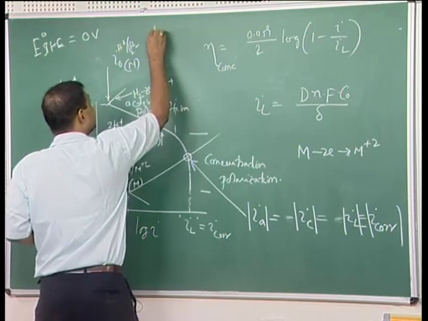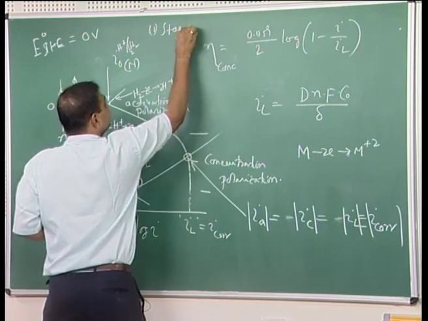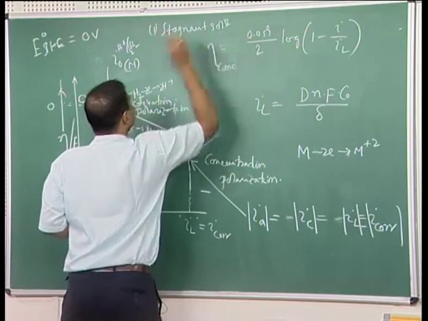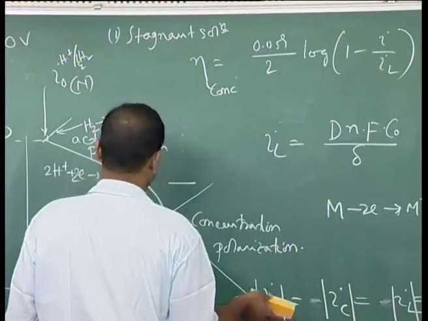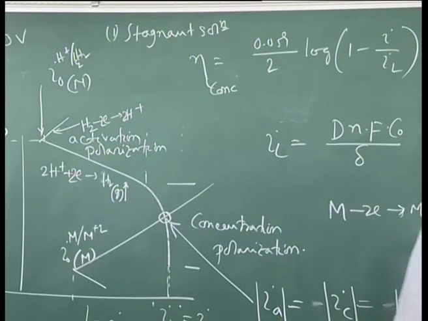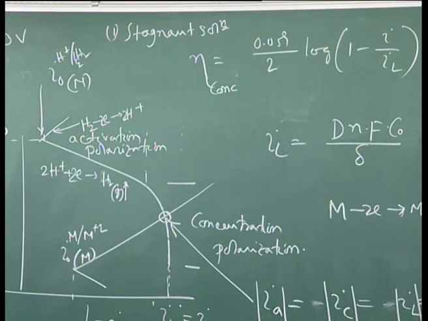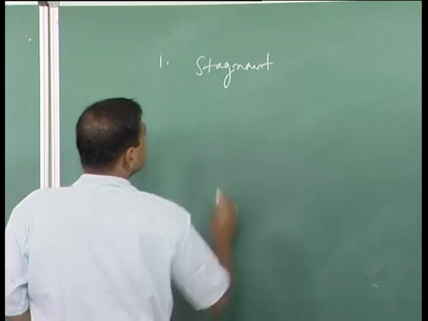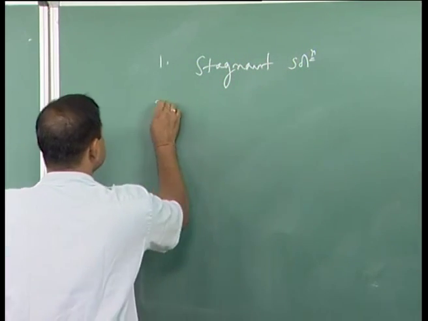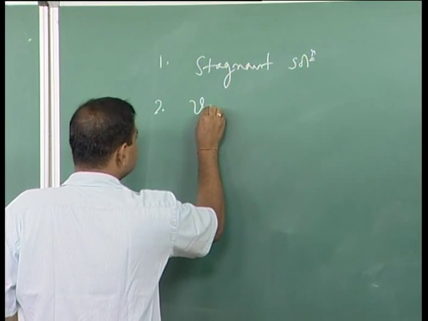In one case I have a stagnant solution, and second is velocity Vi.